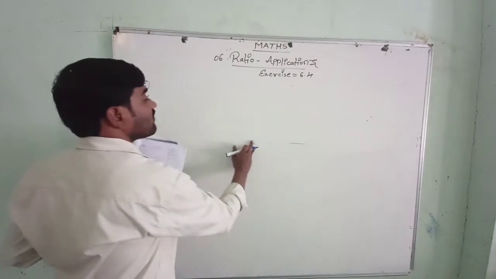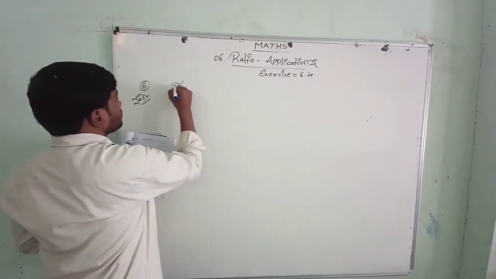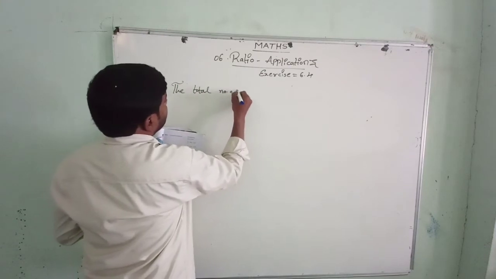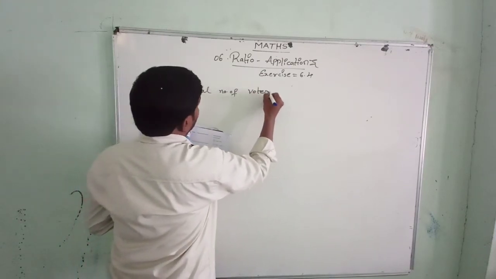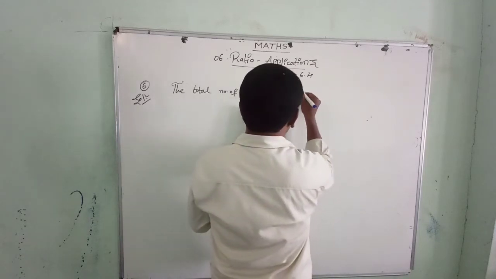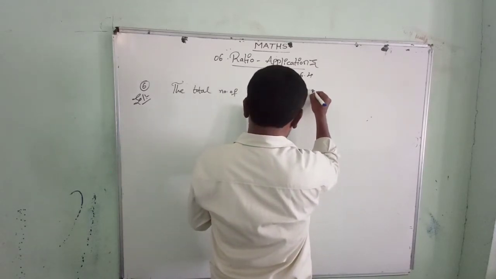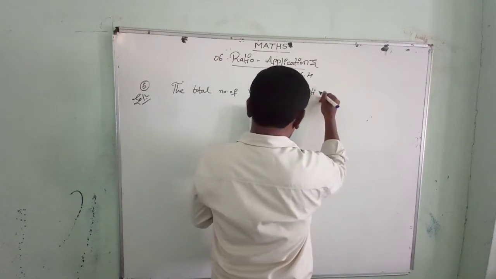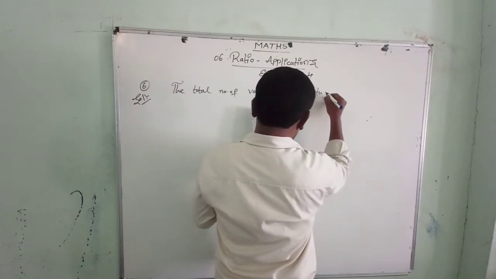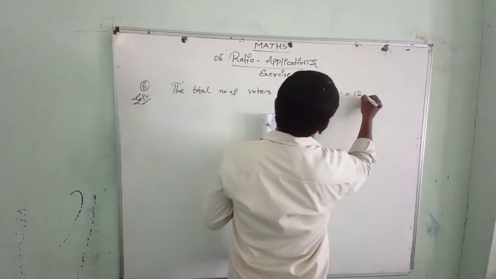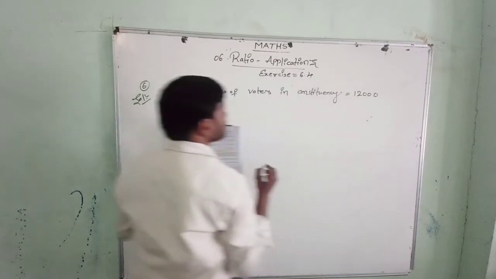So the total number of voters in the constituency equals 12,000.